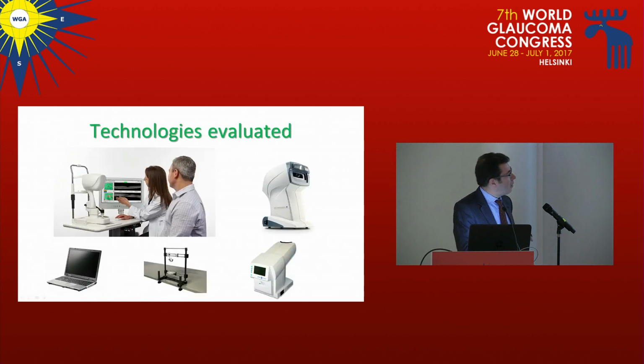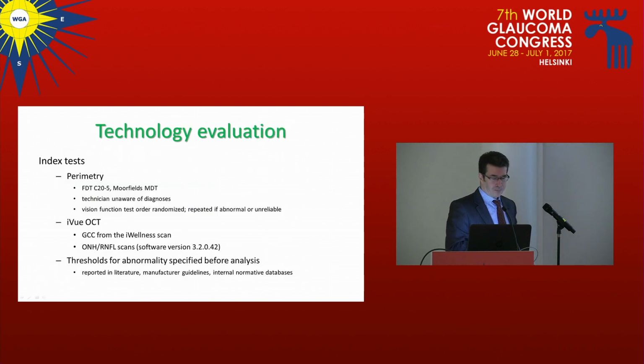The technologies we evaluated were the iView, the Aura ocular response analyzer for intraocular pressure, and 2 vision function tests, the Moorfields MDT and the FDT1. So these are what we call the index tests. So for perimetry, you had FDT1 with the C25 program, Moorfields MDT.